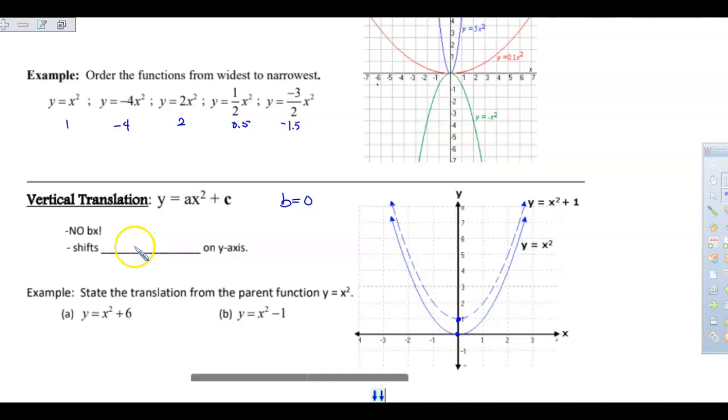So it shifts up on the axis. It comes straight up. We're going to look at this one. This one is going to go up 6 from the parent. This one is going down 1. So this is your K, and that's your shift. It's going to go down 1. This is your K, and it's going up 6.